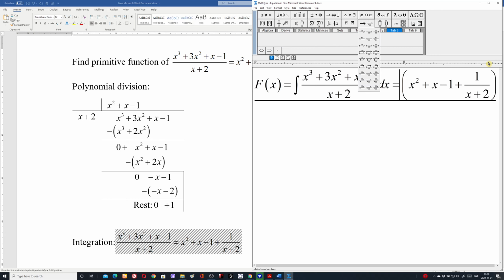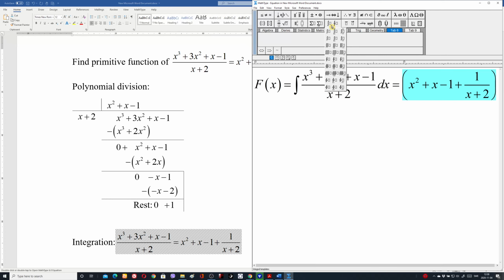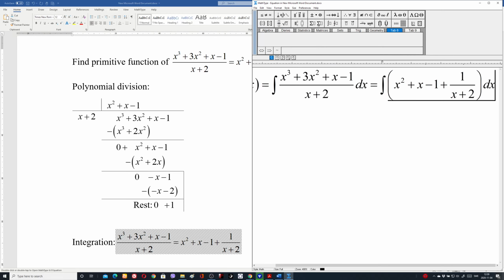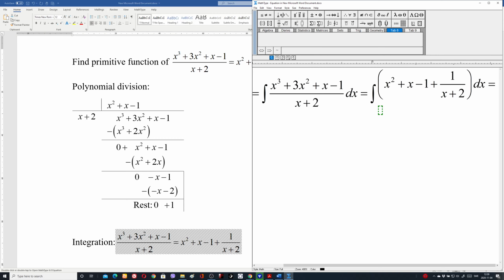Let me first mark this one here, and after that I will write dx, and which is equal.